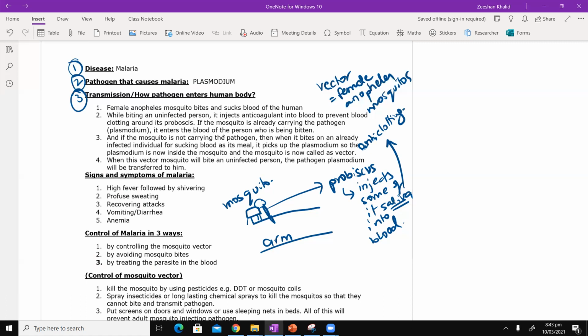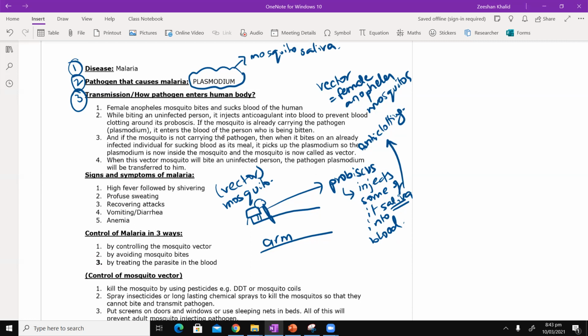Now, so what's the point? The point is, ये जो plasmodium है, it lives in different areas. One of the areas it lives in is the mosquito saliva. So guess what? If the mosquito is a vector, and when I say the mosquito is a vector, it means it is carrying the plasmodium.